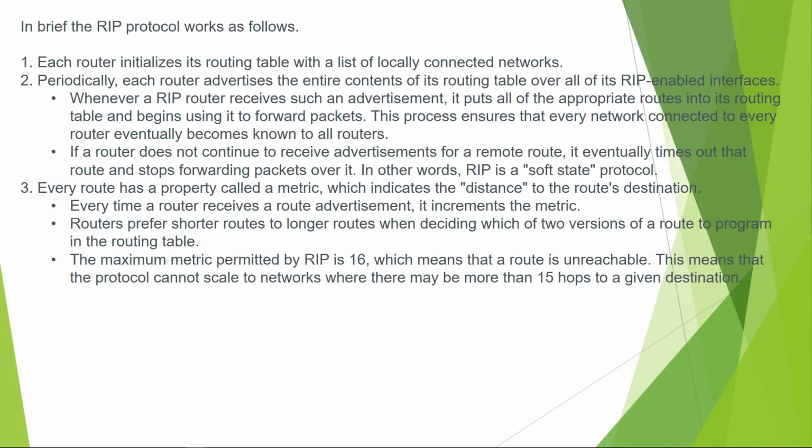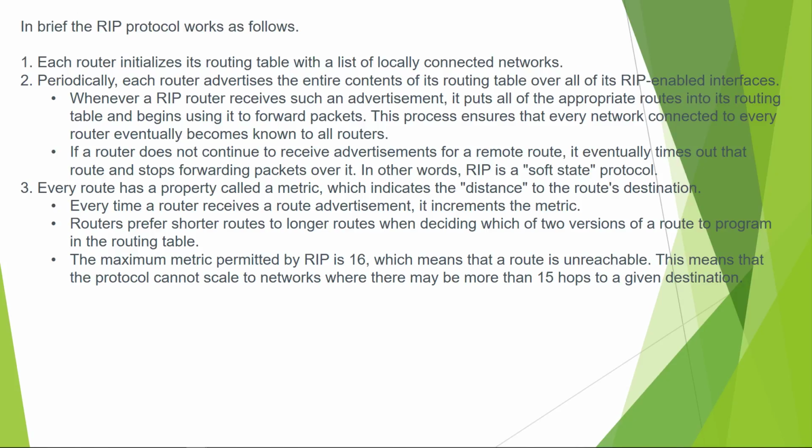In brief, the RIP protocol works as follows. Each router initiates its routing table with a list of locally connected networks. Periodically, each router advertises the entire contents of its routing table over all its RIP-enabled interfaces. Whenever a RIP router receives such an advertisement, it puts all the appropriate routes into its routing table and begins using it to forward packets.